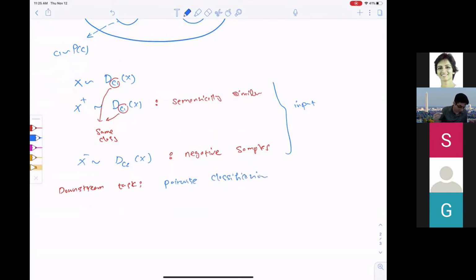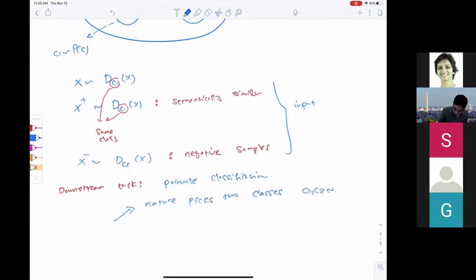Not hard to extend it to the multi-label classification, but let's start with that. In other words, nature picks two classes, C1 and C2.